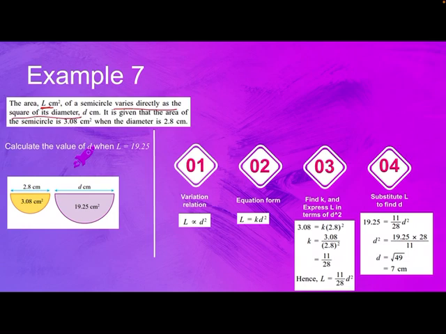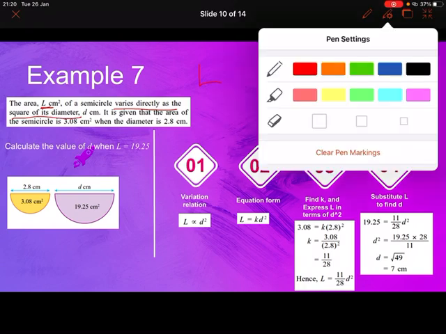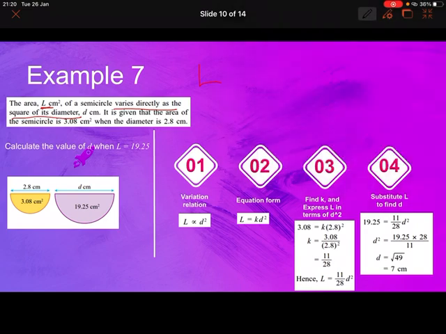So L varies directly as the square of its diameter, so diameter squared. Then we change the symbol into equals: L equals kd squared.